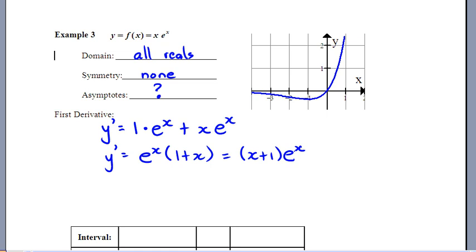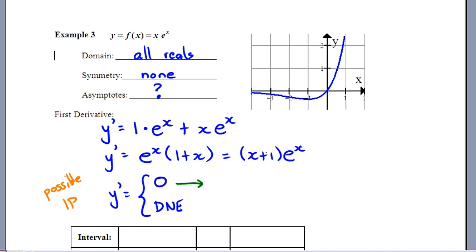I don't really know much about that, and I'm wondering, could it ever be 0 or busted? Because I also want to know when it's plus or minus. So I'm going to check here first. These are possible inflection points. Maybe not for sure, but they're possible IPs. Could you ever make that expression equal to 0?